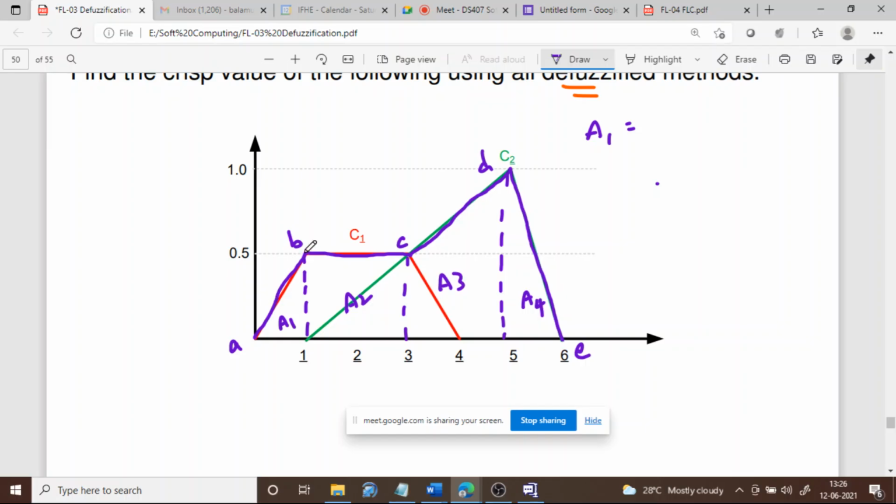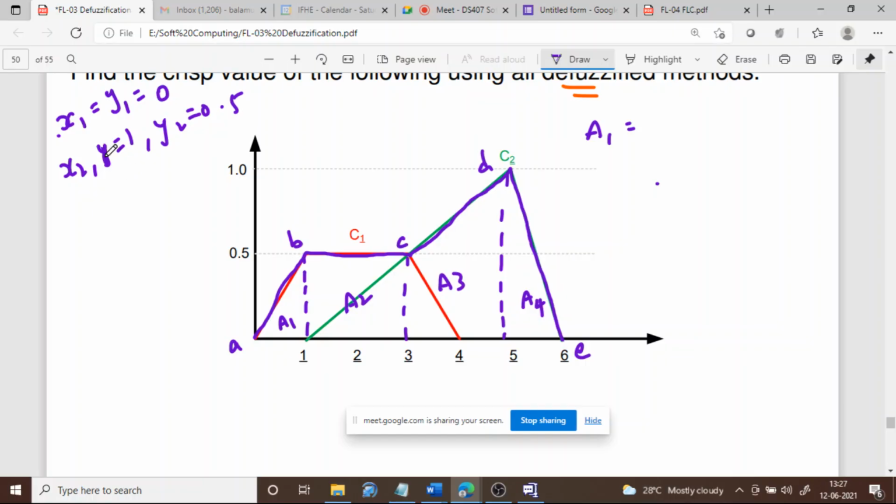When you take these 2 points, for A and B, what is x1 y1? 0, 0. Yes. What is x2 y2? x2 is 1, y2 is 0.5.